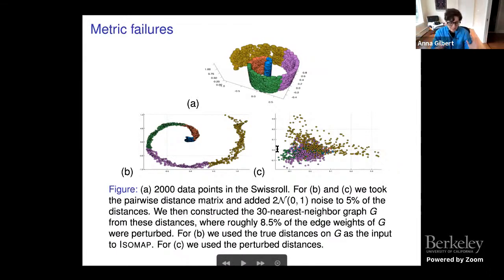If something as simple as a very basic, very old algorithm like MDS, or even something not quite as old as Isomap, if your input is corrupted, it can make a huge amount of difference in the output. And so it behooves us to represent our data or our distances accurately with a metric, perhaps denoised in some sense. Otherwise, all sorts of downstream tasks are just garbage.